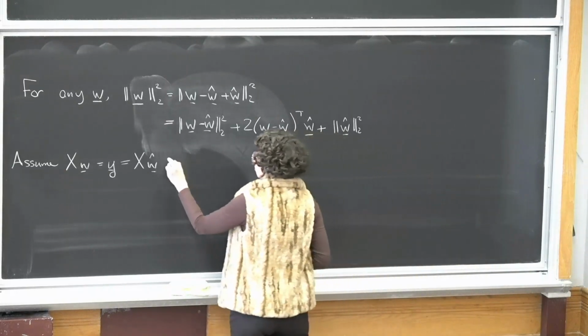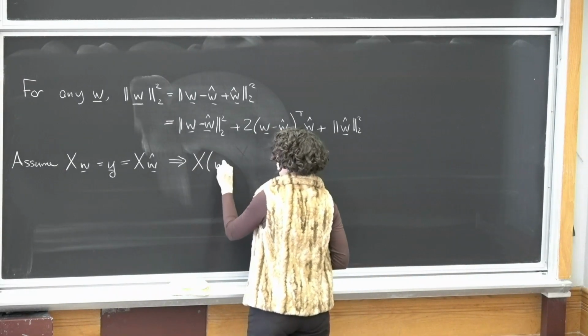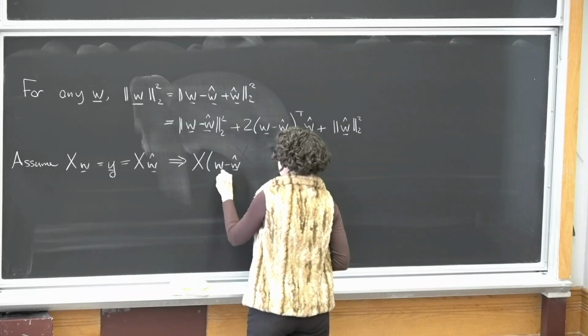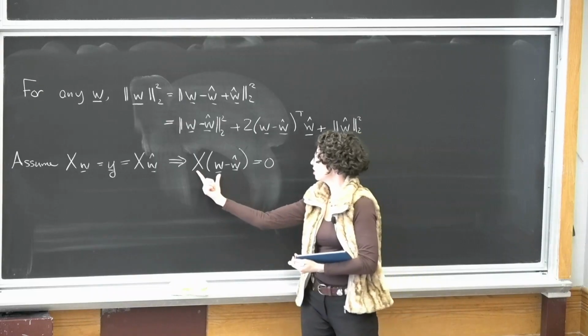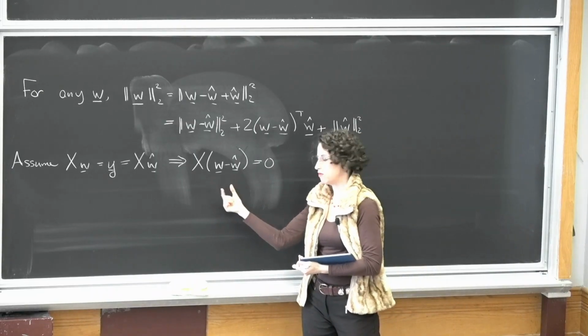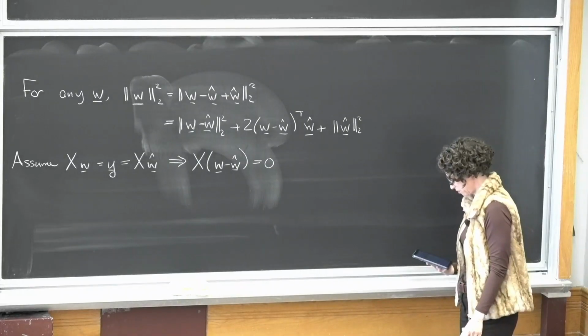So this assumption means that if I look at the product x times w minus w hat, that has to be equal to 0, right? Because xw and xw hat have the same value. So if I subtract them from each other, I just get 0.